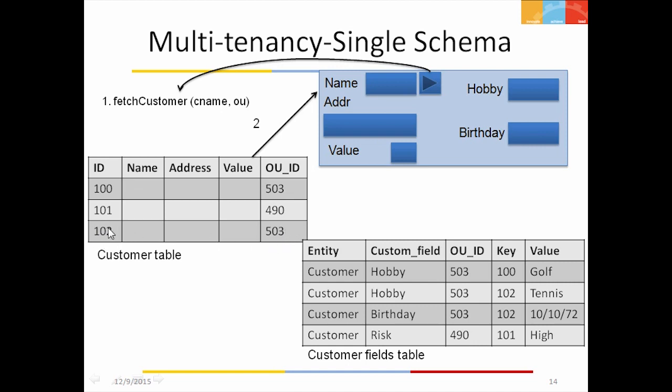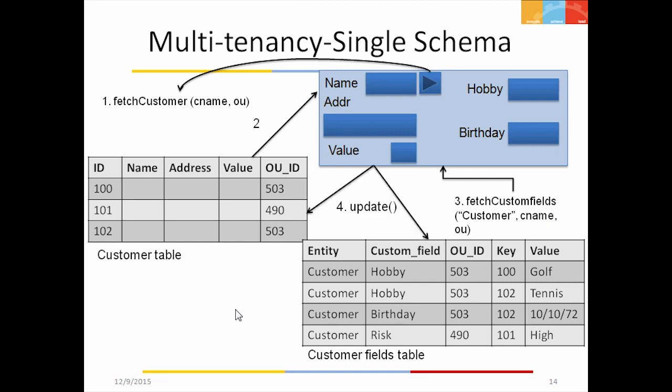So for this customer 102, name, address, and value are copied here, and then this 102 is used here along with 503, which is the organization ID, and then it fetches additional fields like hobby and birthday, which is tennis and this birthday, and they're populated here. This is how essentially this query will be implemented. So the first is common fields, and then fetch custom fields. Any update will require updating both the tables.